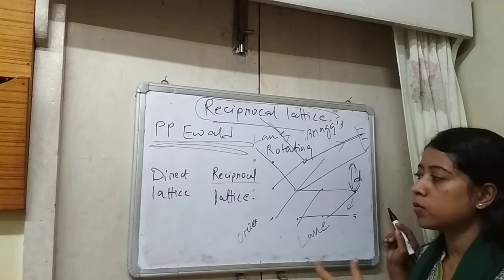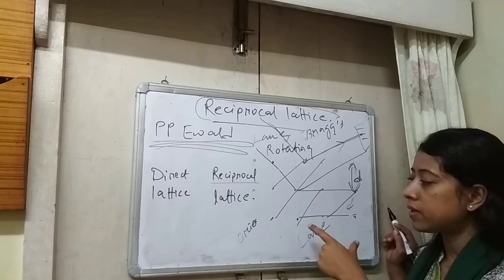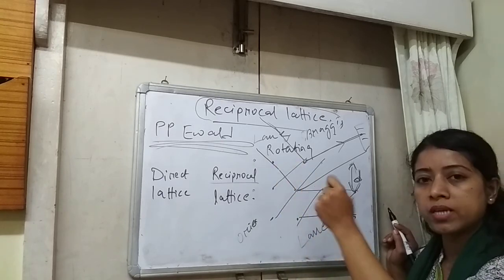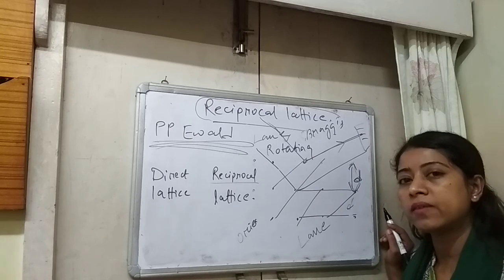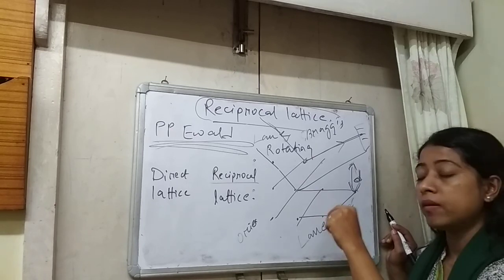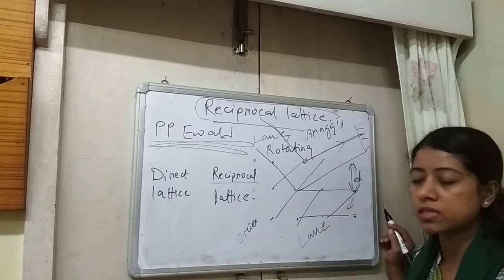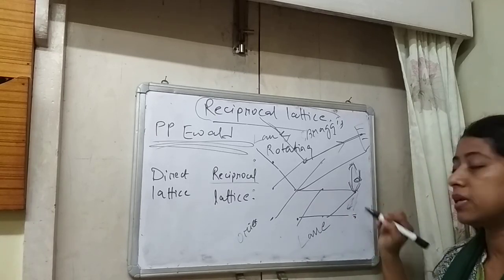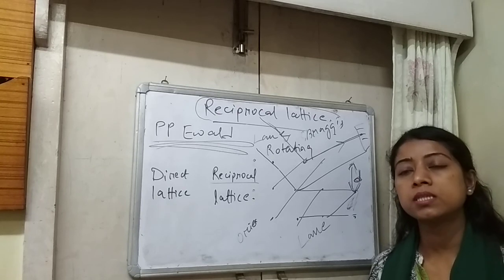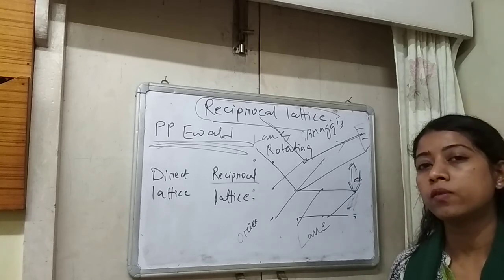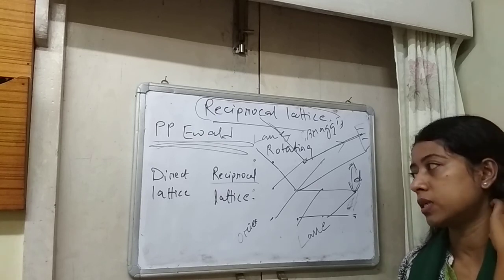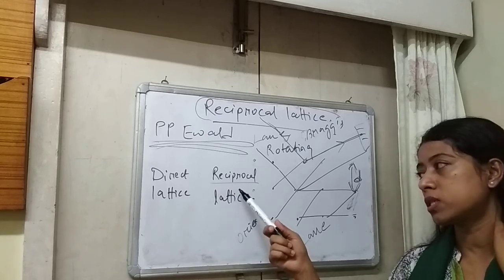It was because all three methods, Laue, powder, and rotating crystal, could not give us sufficient information regarding the internal structure of the crystals and the interplanar spacing d. All this difficulty was overcome by the concept called reciprocal space or reciprocal lattice. I am going to discuss this in the next slide.